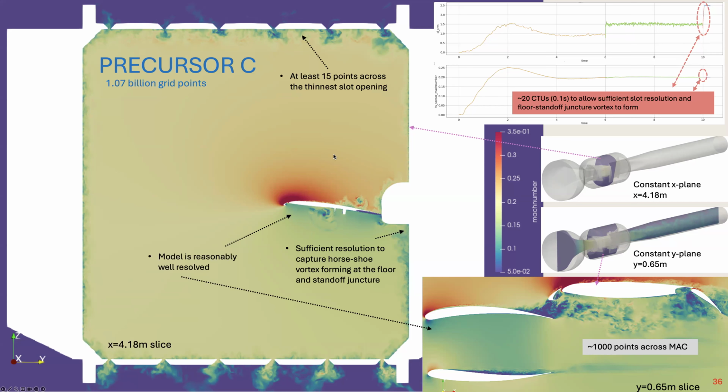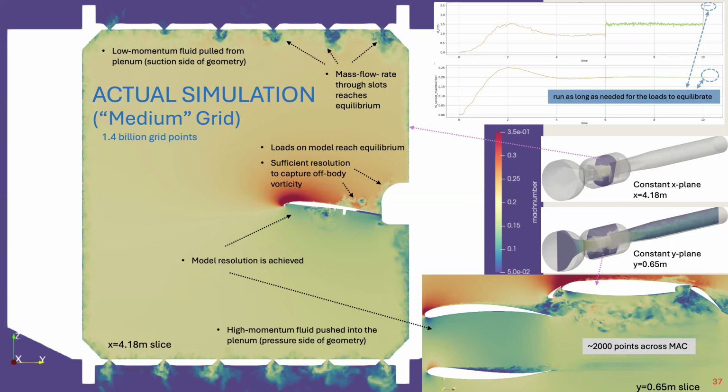And then the last is the final grid, 1.4 billion grid points. Definitely we have much better interactions: low momentum fluid pulled from the plenum due to angle of attack, and high momentum fluid pushed into the plenum.